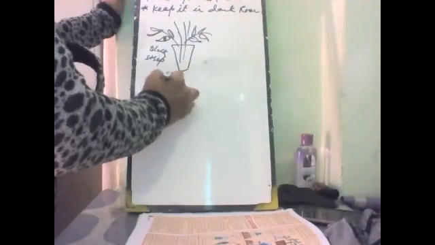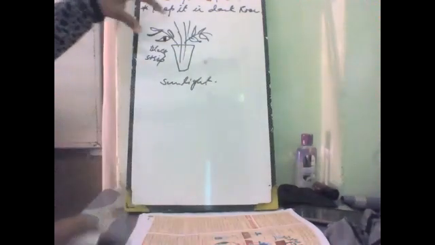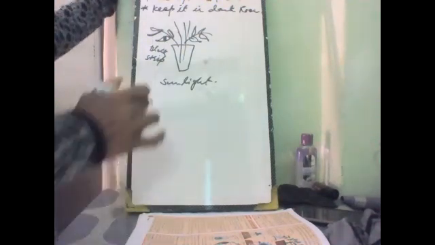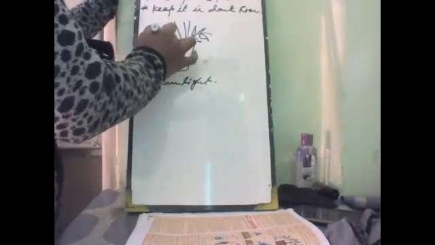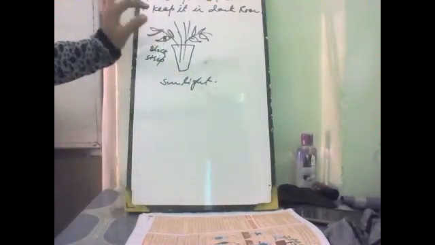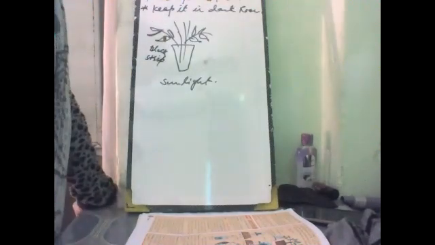Then put the plant in sunlight for a few hours. In sunlight, all the leaves prepare food. This leaf also prepares food, but the covered part of this leaf will not, because there is no sunlight reaching it due to the cover of black paper over the leaf.